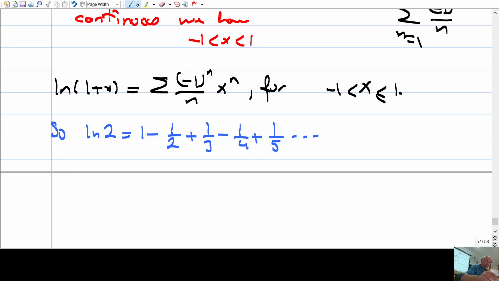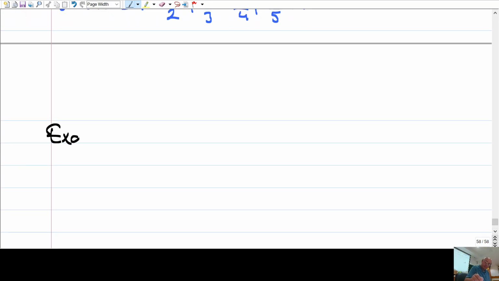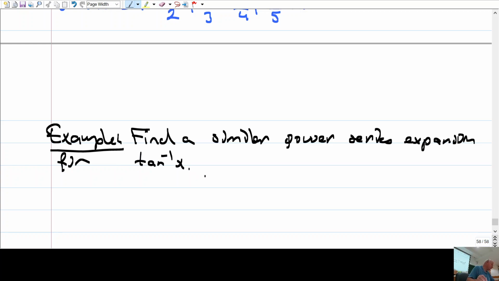All right. What about the other examples? Another example. Find a similar power series expansion for tangent inverse of x.